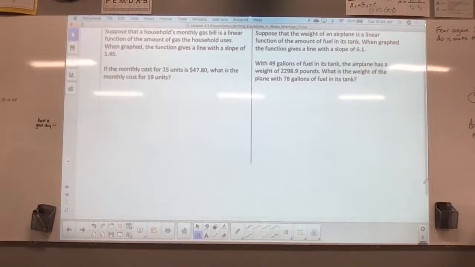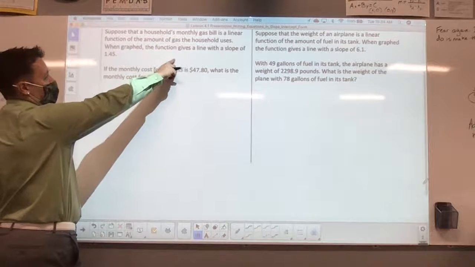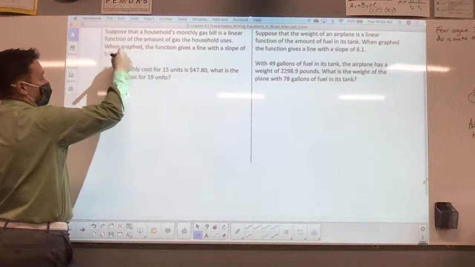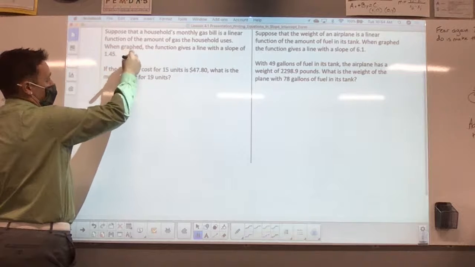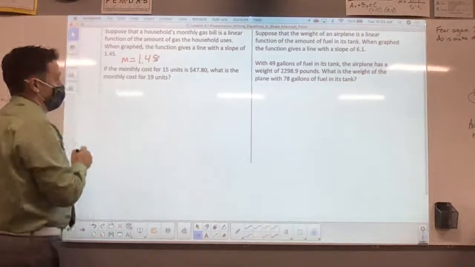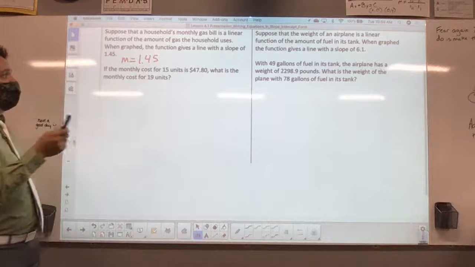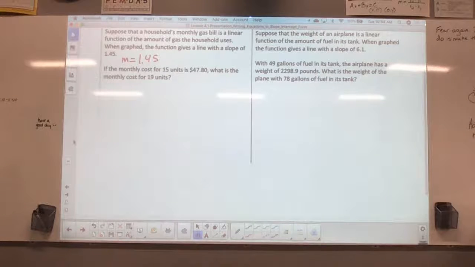And when you read this, suppose a monthly bill is a linear function, which actually most of them are, okay, where when graphed, the slope is 1.45. So we know M equals 1.45. If the monthly cost for 15 units is $47.80, what is the monthly cost for 19 units?